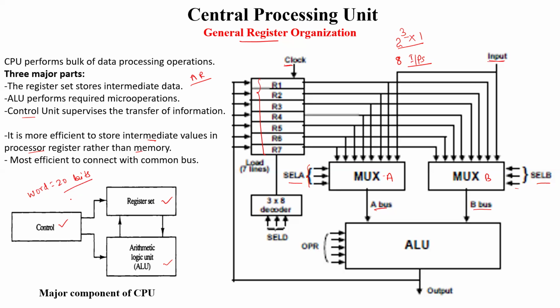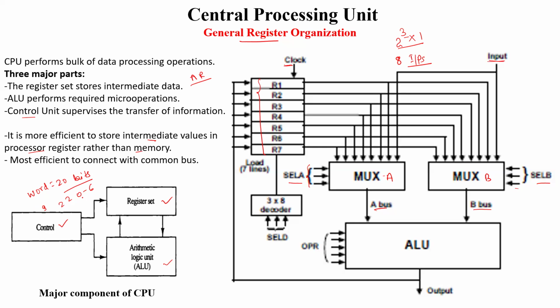Bits 0 to 6 were for the address, 2 bits for the branch, 2 for the conditions, and 3 bits each for F1, F2, F3. So a total of 9 bits are given there for the micro operation. So there were a total of 20 bits.